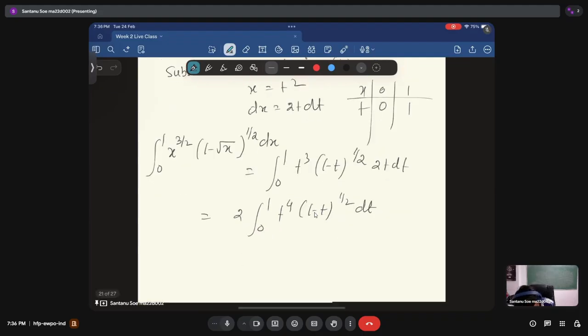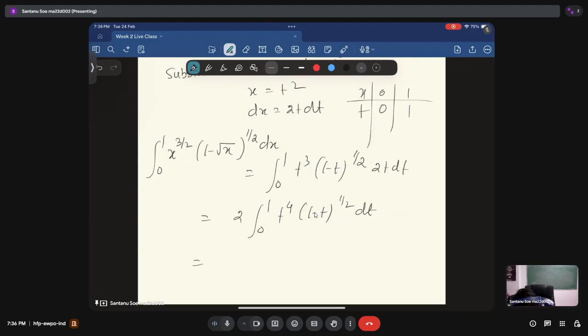Correct? So now we can write it in terms of, to compare with the beta function, like t to the power 5 minus 1 (1 minus t) to the power 3 by 2 minus 1 dt. Correct?